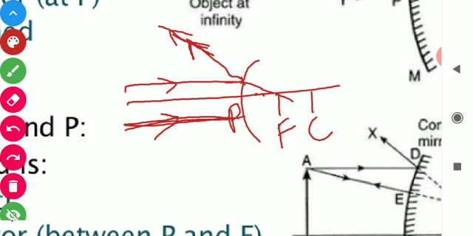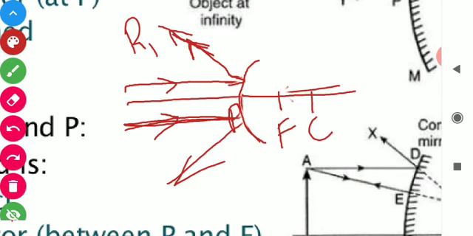And this will also diverge in the direction of the focus. So students, these are the reflected rays of light R1 and R2.